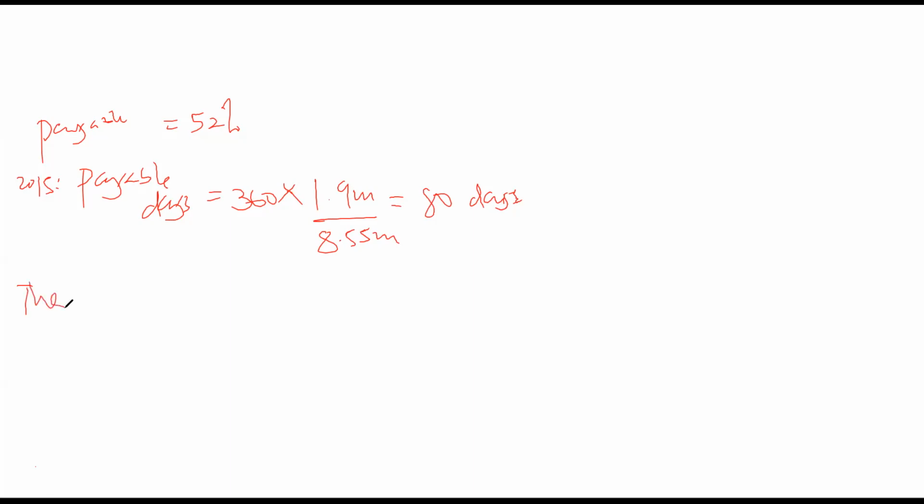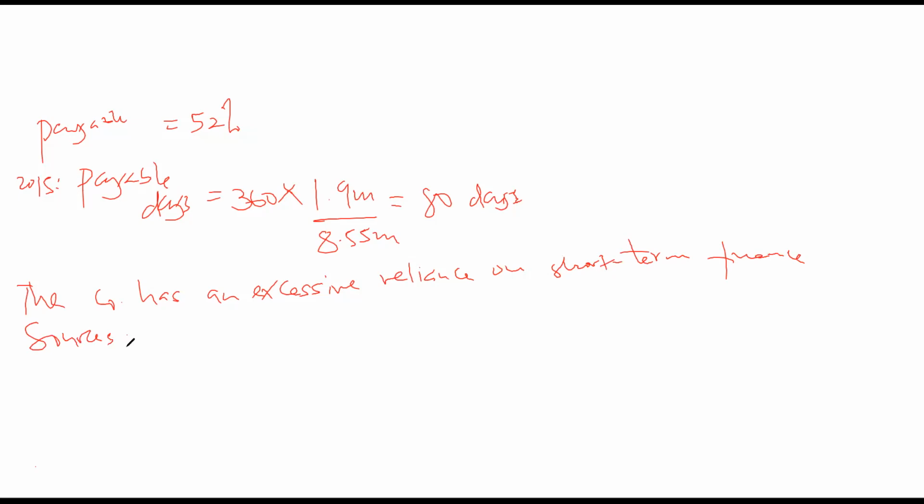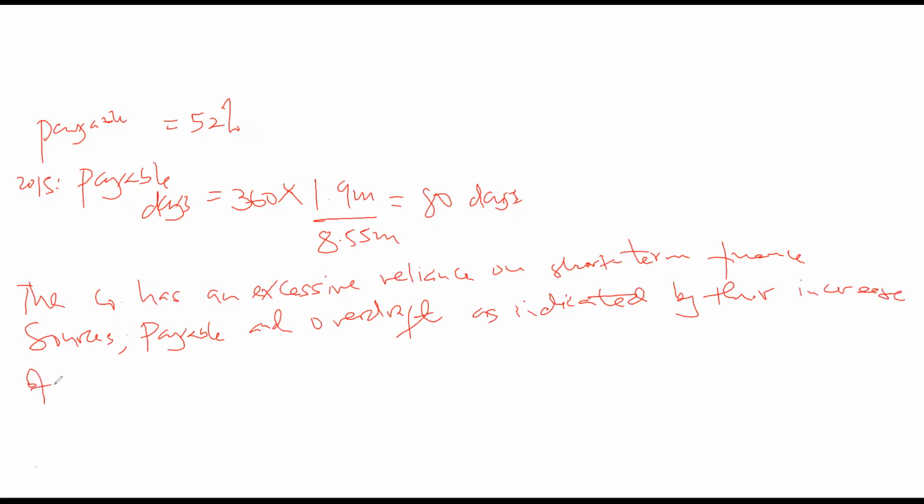So we can say the company has an excessive reliance on short-term finance sources, payables and overdraft, as indicated by their increase of 52% and 192%.